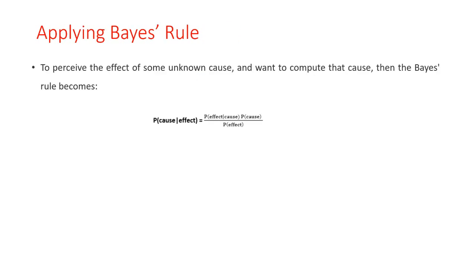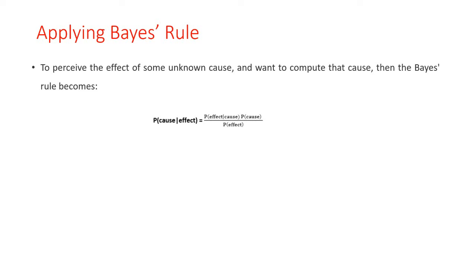So the next thing is applying the Bayes rule. The Bayes rule allows us to compute the single term probability of B given A in terms of the probability of A given B, the probability of B and the probability of A. This is very useful in cases where we have good probabilities of three terms and we want to determine the fourth one.